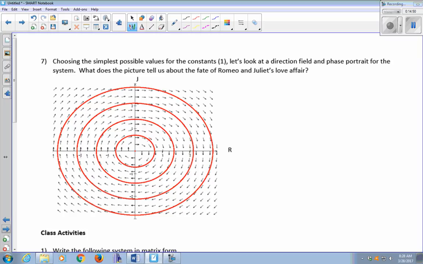So here, Romeo and Juliet, the first quadrant, they both have positive feelings, right? So they're in love, 25% of the time. And then 25% of the time, they hate each other. And then the other 50% of the time, one's in love and the other hates the other.